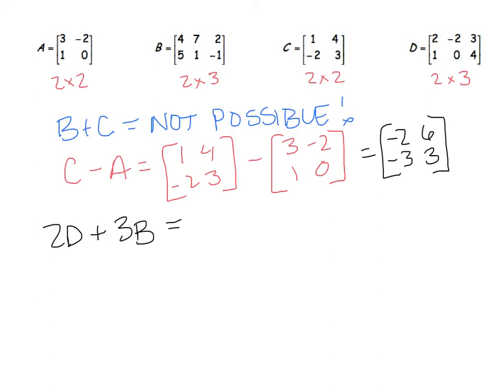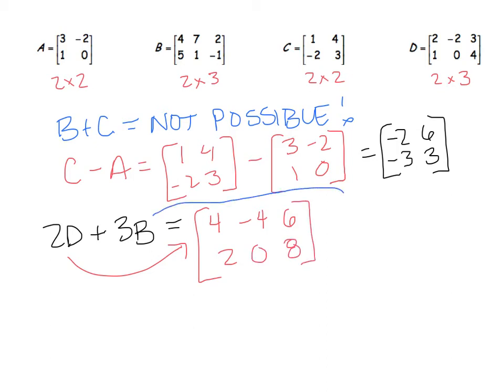So I'm going to start out with 2D, and that's what I'm going to do first. 2D, I would multiply all the entries by 2. So we would have 4, negative 4, 6, 2, 0, and 8. And then we're going to add that to 3B. So let's find 3B. That would be 12, 21, 6, 15, 3, and negative 3.